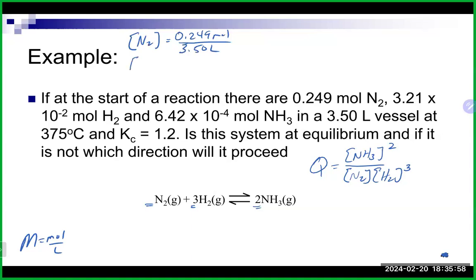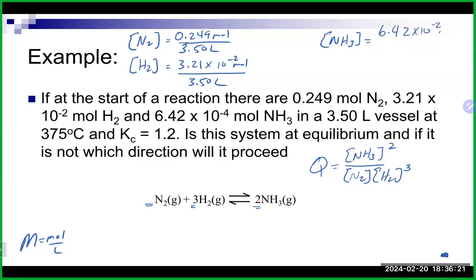We'll do the same thing for our H2, which is 3.21 times 10 to the minus 2 moles over 3.5 liters. And lastly, we'll do the same thing for our NH3, which is, in this case, 6.42 times 10 to the minus 4 moles, divided by 3.5 liters.